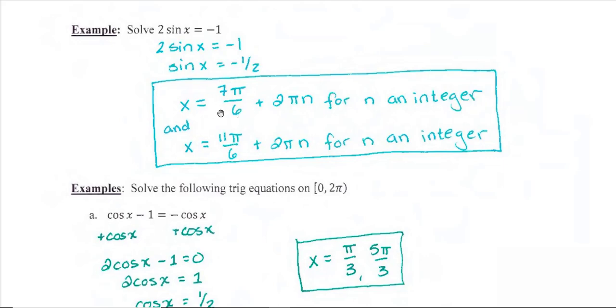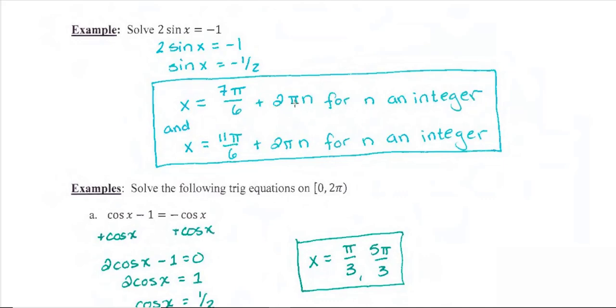But that's not the only angle, right? Remember, trig functions and coterminal angles are the same. So it's not just 7 pi over 6, it's 7 pi over 6 plus any coterminal angle. Remember how we get coterminal angles? We just add and subtract 2 pi multiple times. That's what this plus 2 pi n for n an integer.